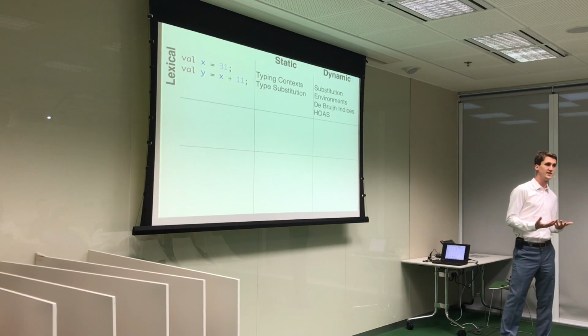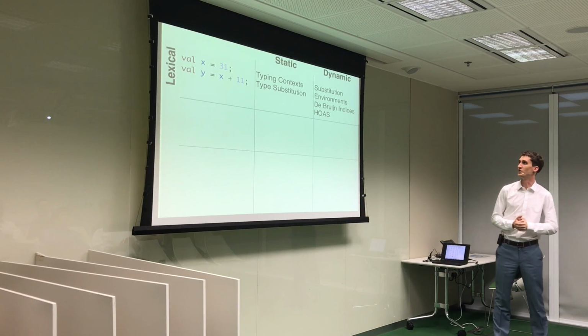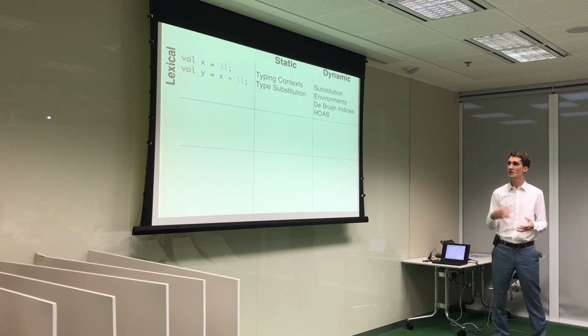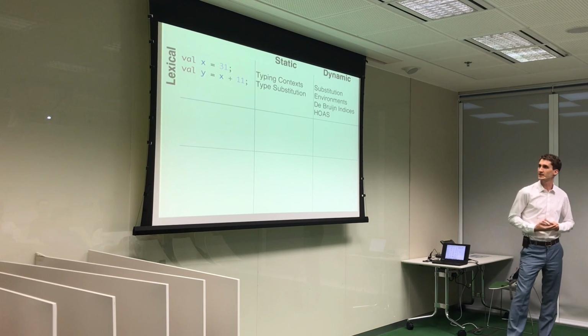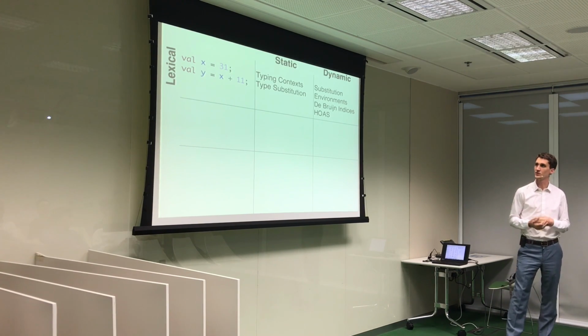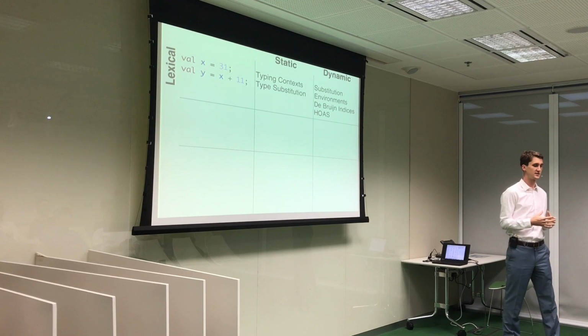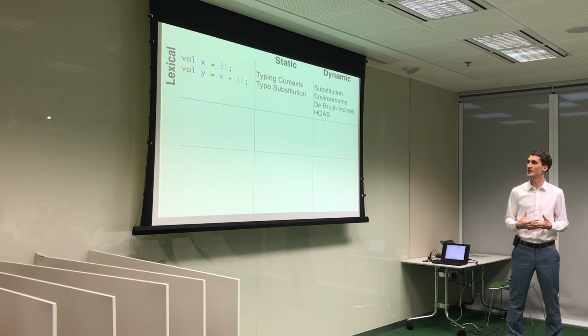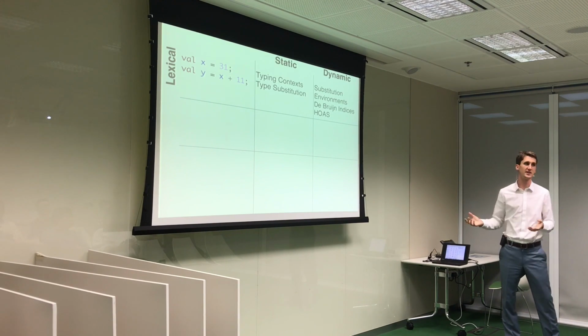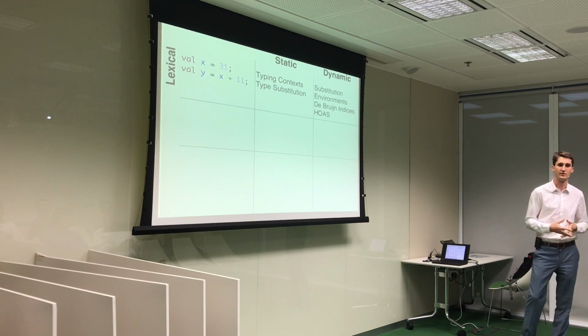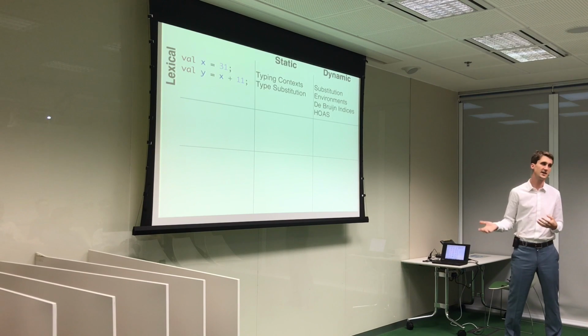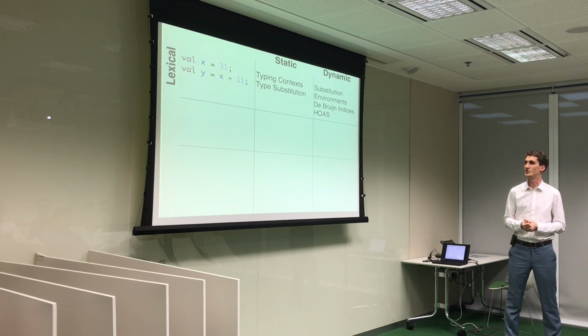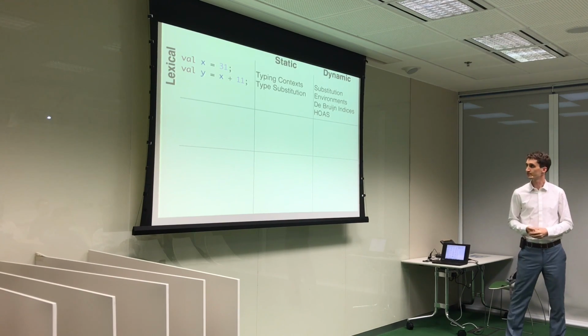So how do you deal with names in both the static and the dynamic world? Well, when you have lexical scoping, you just have variables that you define, and when you reason with that, you can work on the static side with contexts, so you store the current variables and their types, and you make that evolve when you go through the program.